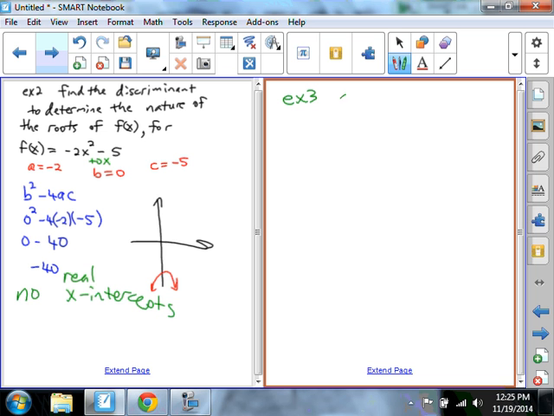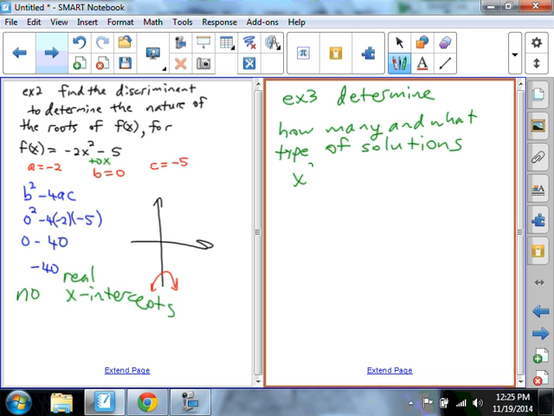Example 3, determine how many and what type of solutions x squared plus 4x equals -6 has. Wait a minute, I want to phrase this right. How many and what type of solutions that equation has.